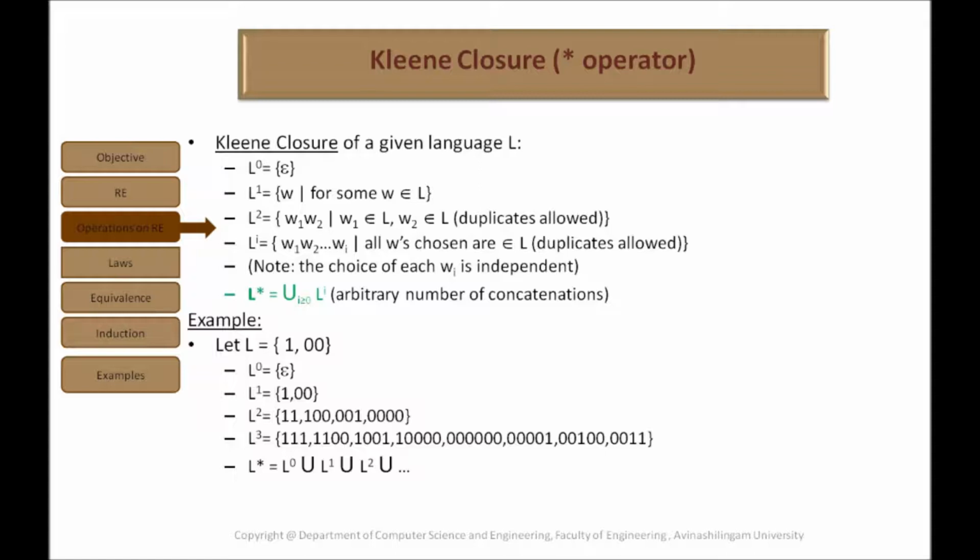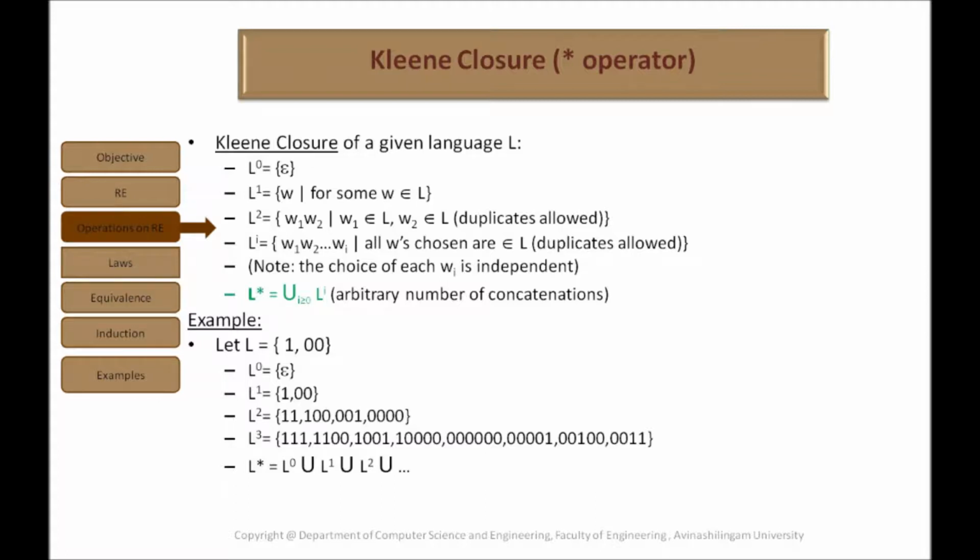Finally we say L power star is equal to L power 0 union L power 1 union L power 2 union, etc. it goes on. Therefore L power star is equal to union of L power i where i is greater than or equal to 0. Similarly, we can derive L plus is equal to union of L power i where i is greater than or equal to 1, since L plus will not include empty here.